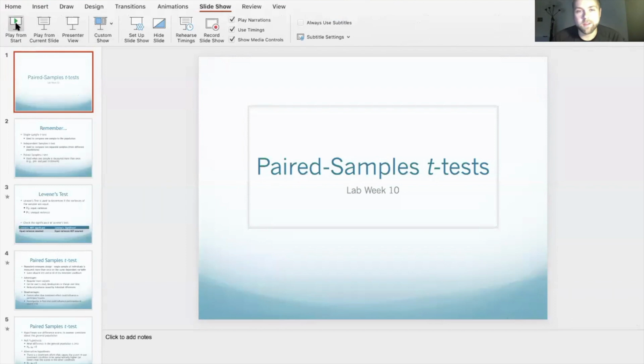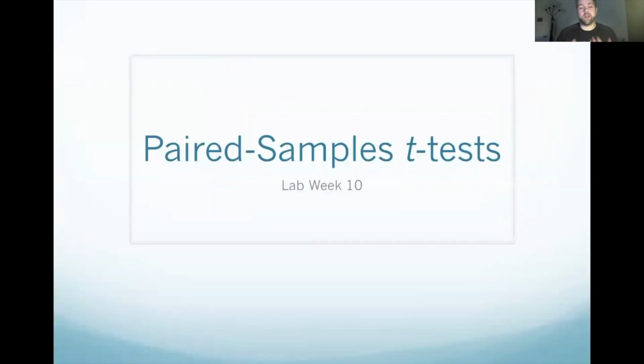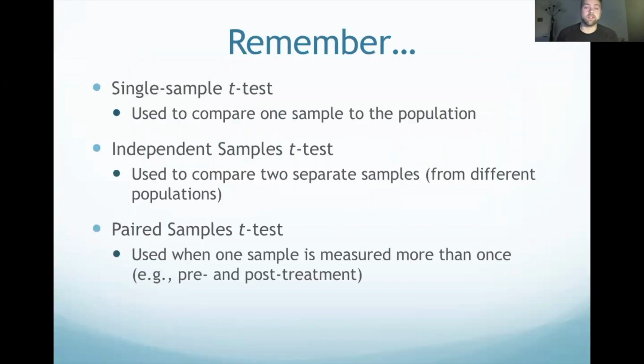All right, so let's get started. So paired samples t-tests. Again, this is our third type of t-test that we've talked about. As you'll recall, we've talked about the single sample t-test where we're comparing our scores to an overall population that we don't necessarily know a lot about, but we want to see if our group of scores came from the overall population.